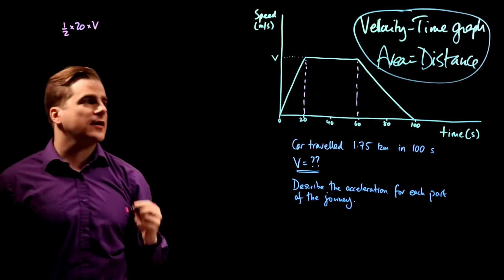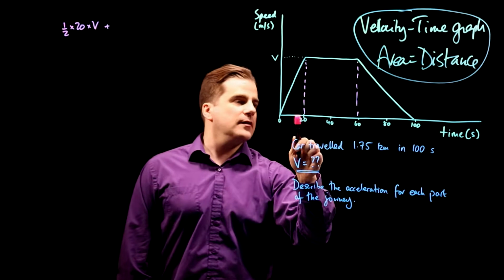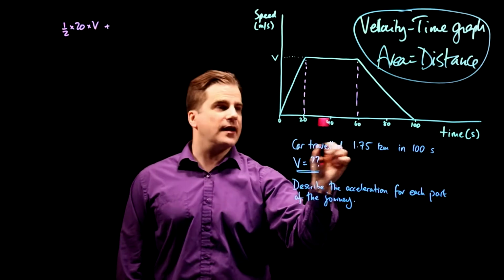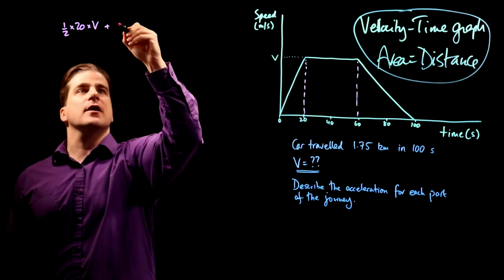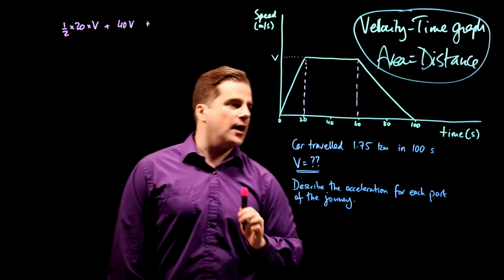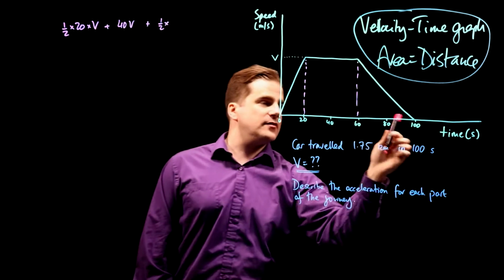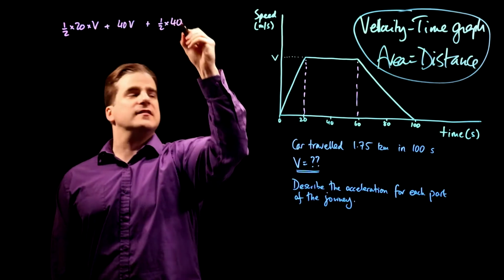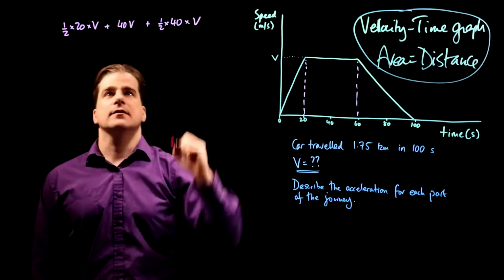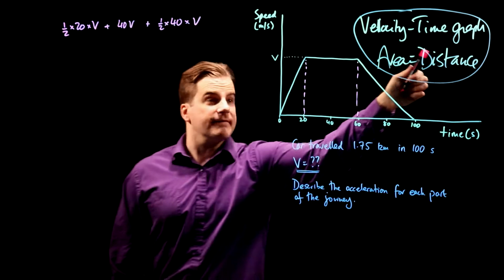Plus the area of this rectangle, base times height, from 20 to 60 is 40 seconds, times the height v, plus 40v. Plus this triangle, half times the base, 60 to 100 is 40 seconds, times the height v. So that's the area, which is equal to the distance.